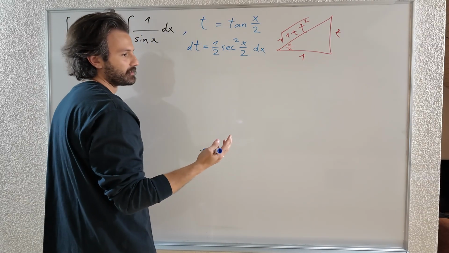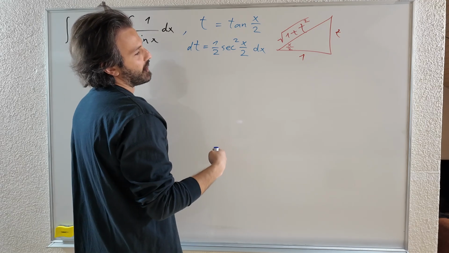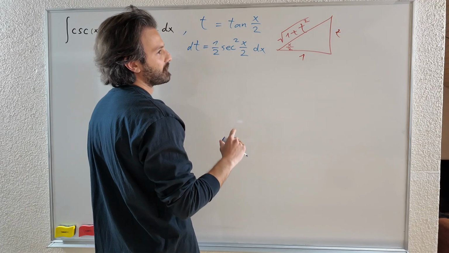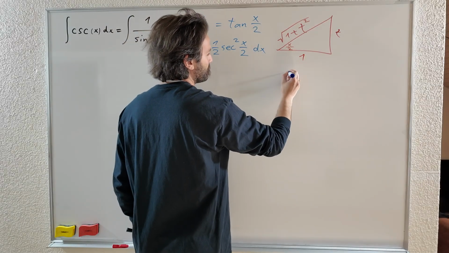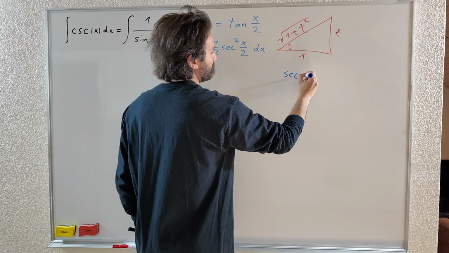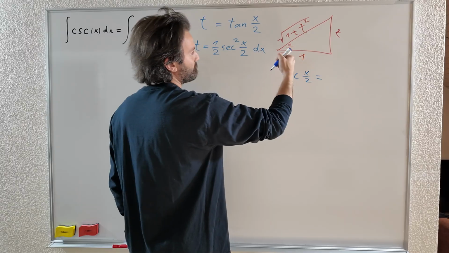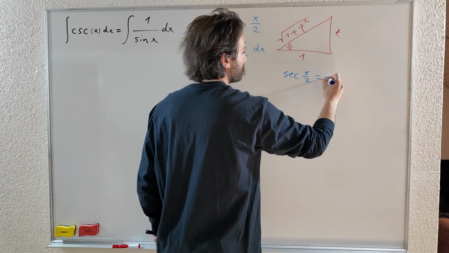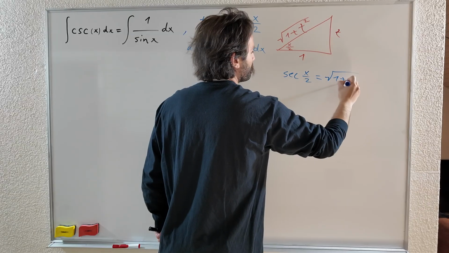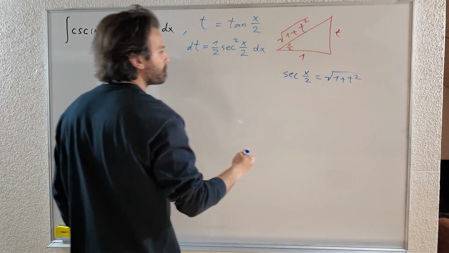We know that secant is just 1 over cosine, and therefore we have to take the reciprocal of adjacent over hypotenuse. In our case, secant of x over 2 is just equal to the hypotenuse over the adjacent, and that is square root of 1 plus t squared.